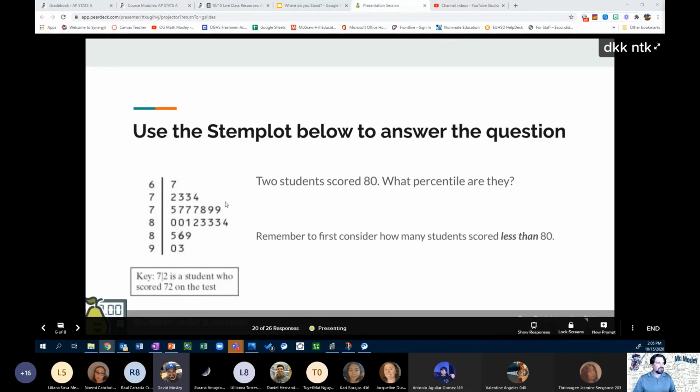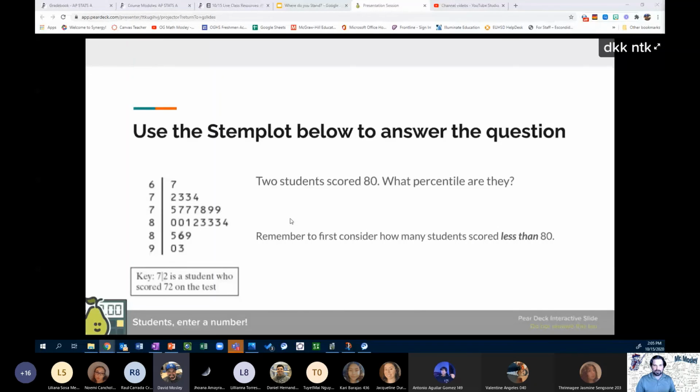So we have 4, 5, and 7, which is 12. 12 divided by 25 will give us 0.48. That is 48%. So 48% of the scores were less than 80. So the score of 80, the two students who scored 80, are at the 48th percentile.